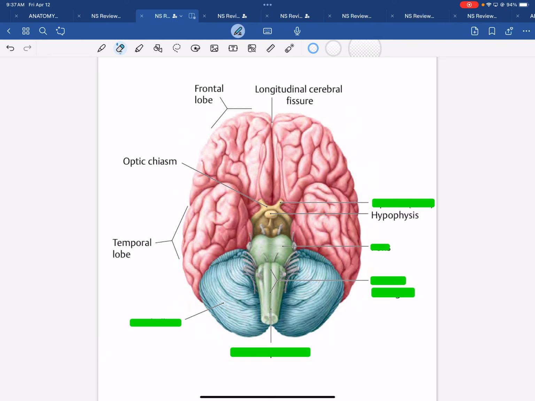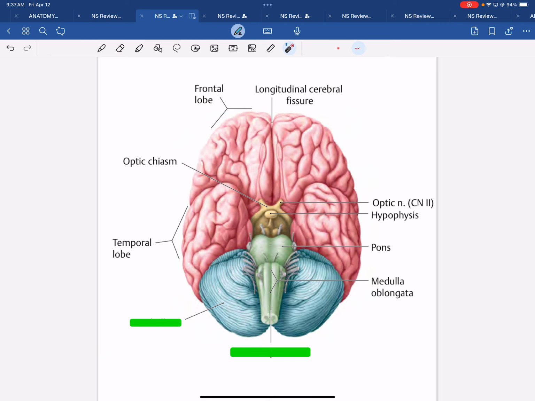I'm not sure, but it's also called the hypophysis. Hypophyseal fossa. Exactly, good. What about here? Pons. This region? Good, medulla oblongata.